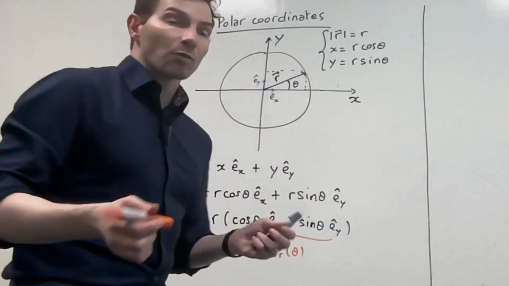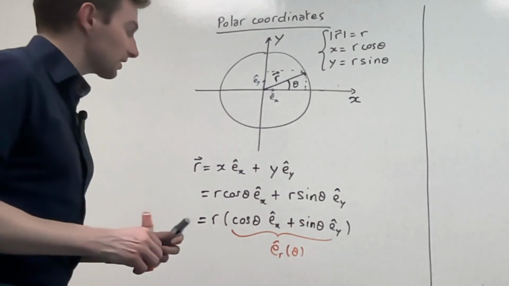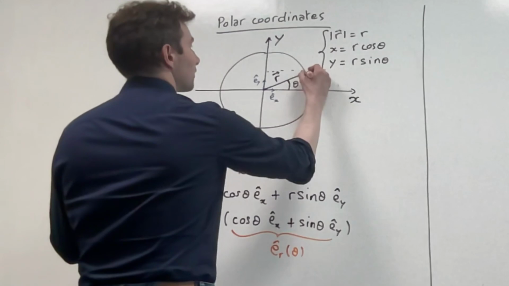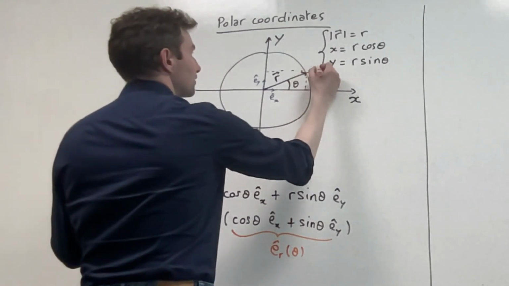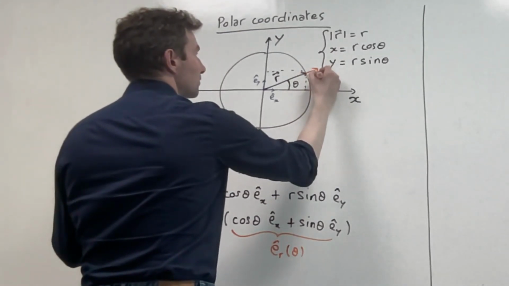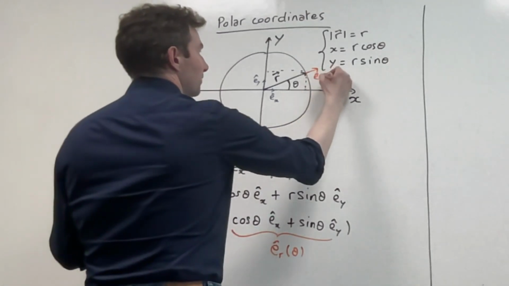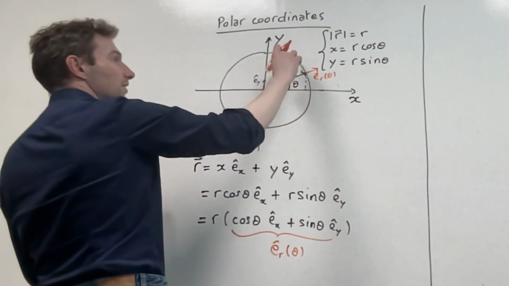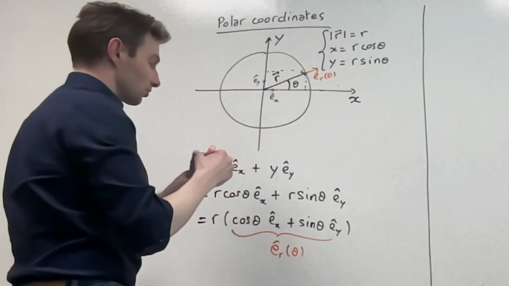Okay? Now, one of the things you can ask is, if I have got this ER, which is now in this particular direction, and that depends on theta. So you see, as this radial direction is changing, so theta is varying, this ER is going to change.